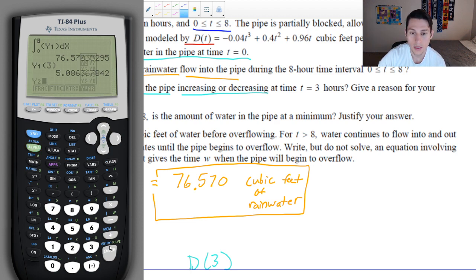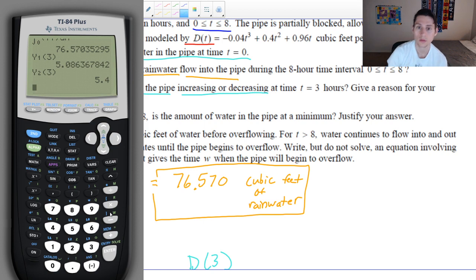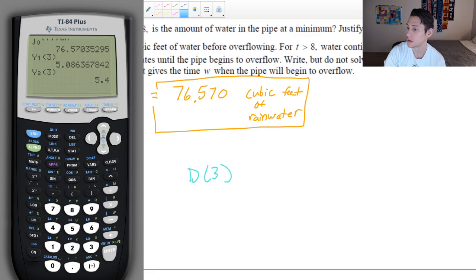So except I'll go down to y2 this time, and plug in 3. And we get exactly 5.4. Right, so that tells me that R of 3 is less than D of 3. So the rate going in is less than the rate that's going out.